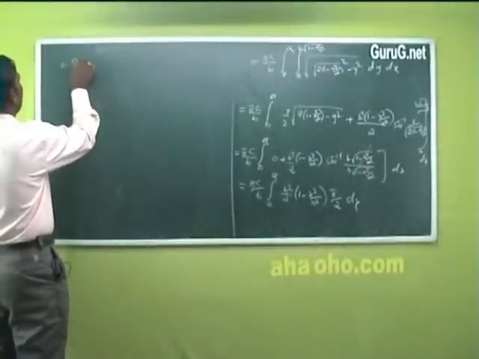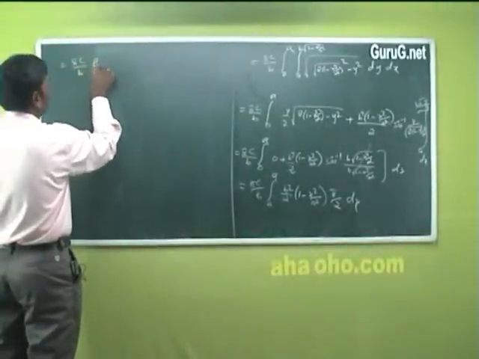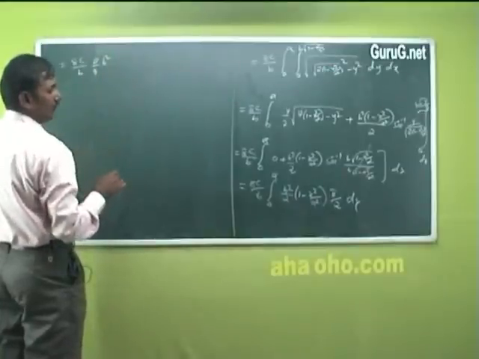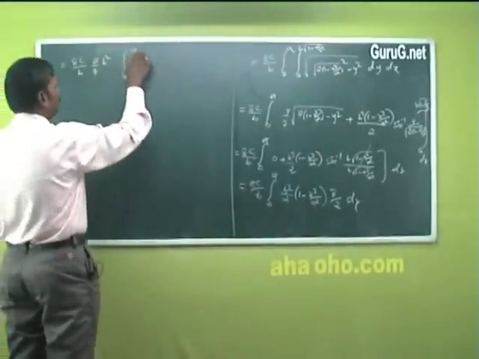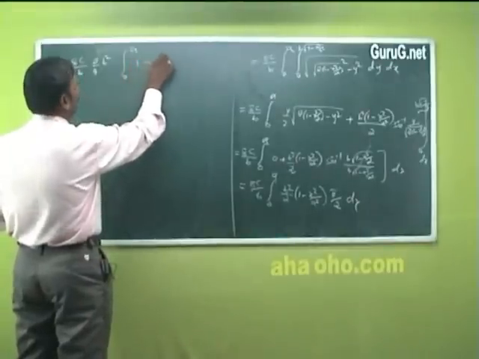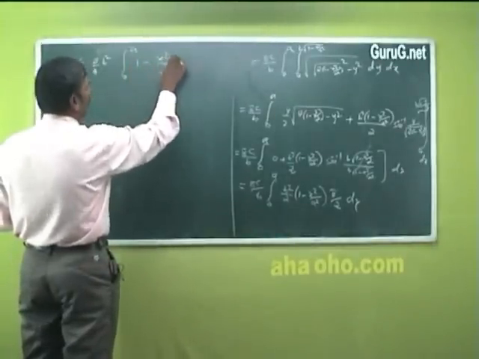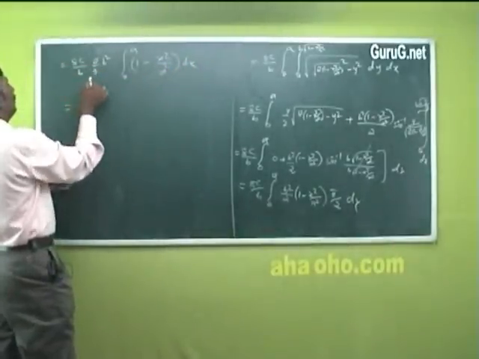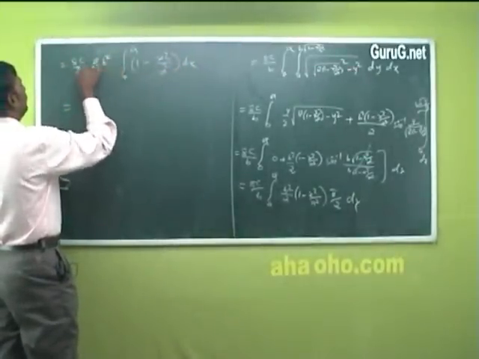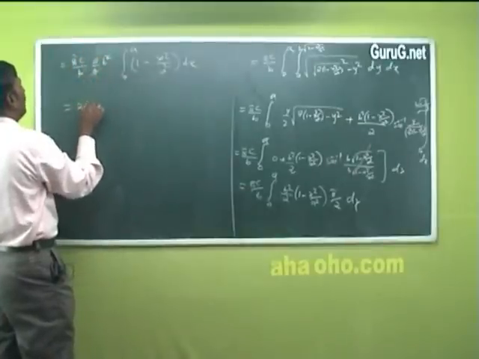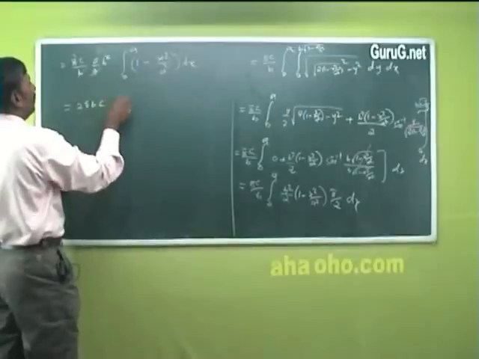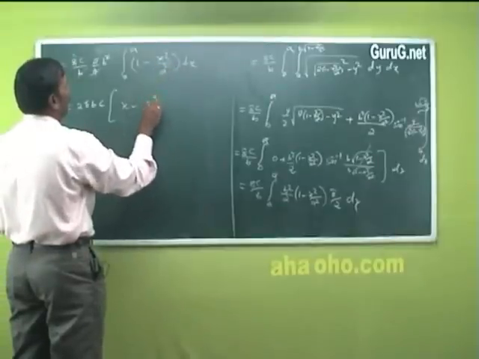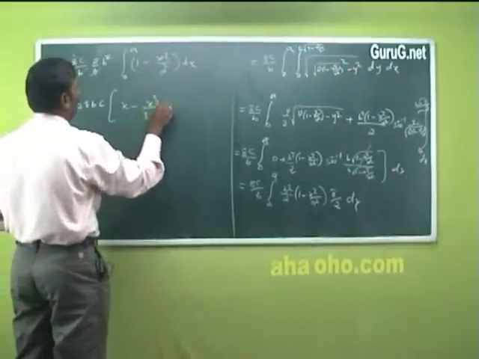So 8c by b into pi by 4 into b squared, integral 0 to a, 1 minus x squared by a squared, dx. So what will we get now? Here b gets cancelled, then 2 pi bc, right? Integrate it: x minus x cubed by 3a squared, from 0 to a.